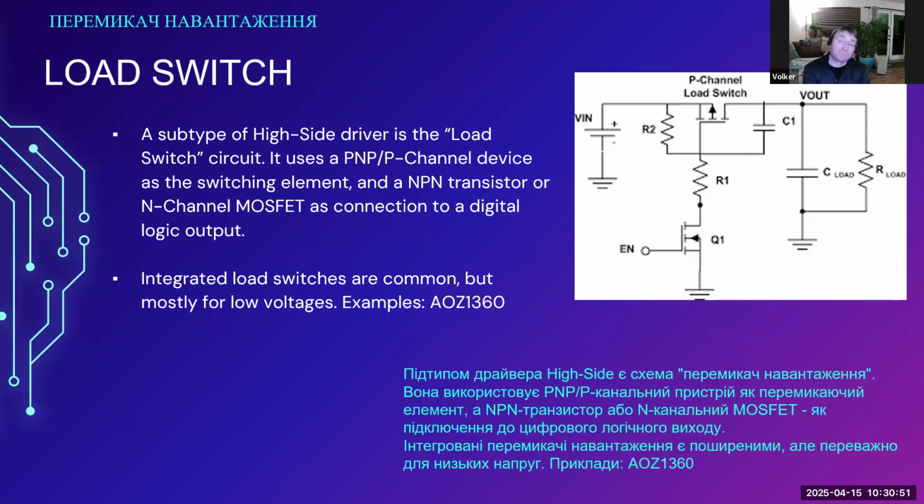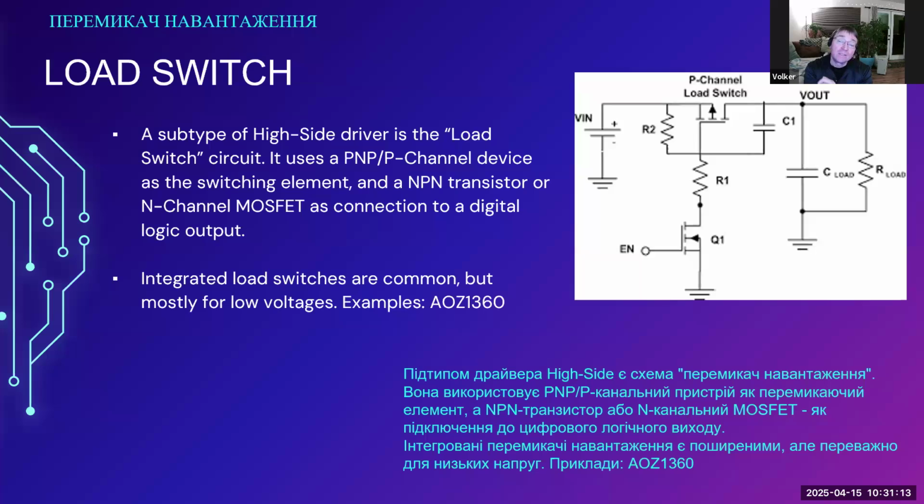What is the problem here? The problem here is that the turn off of the MOSFET is done by R2. So you're actively turning the MOSFET on through Q1 and R1, and that is very fast.